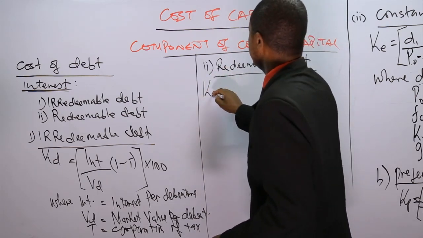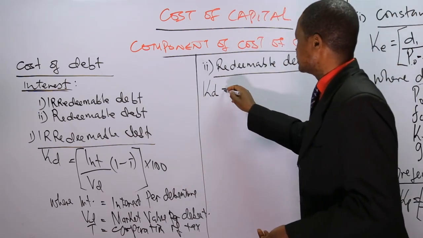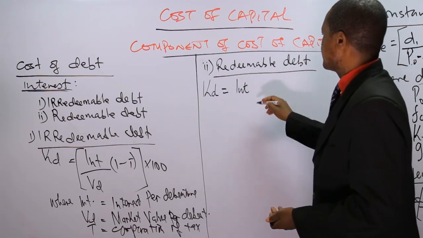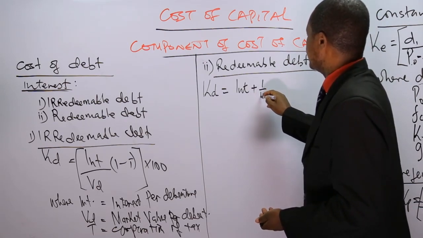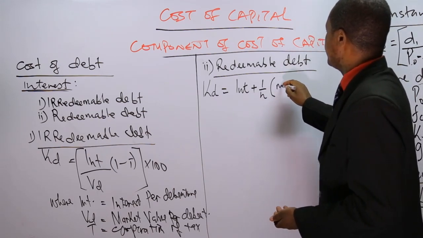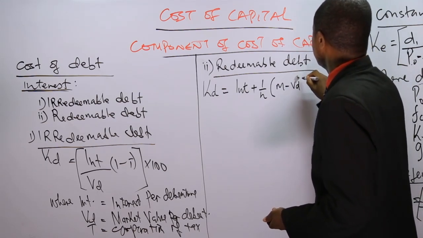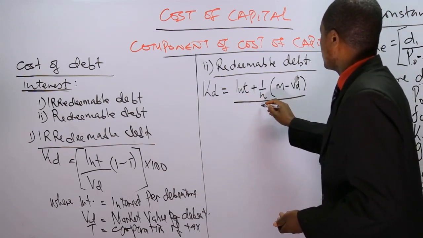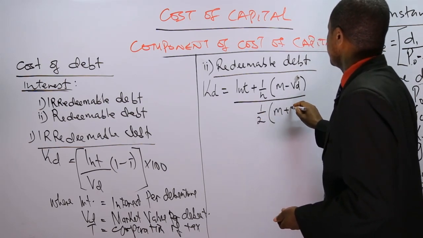Now, KD, the cost of redeemable debentures, is equal to the interest plus 1 over n into m minus VD, over 1 over 2 into m plus VD.